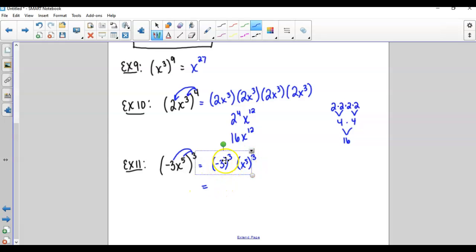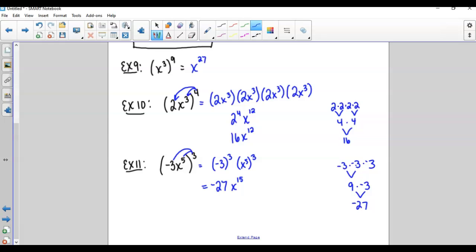And so negative 3 to the third, if we think of over here, negative 3 times negative 3 times negative 3, we would get a positive 9 times a negative 3, which would give me negative 27. So that coefficient is going to be negative 27. And then we've got x to the fifth to the third power. We just multiply our exponents here, so we get x to the 15th.